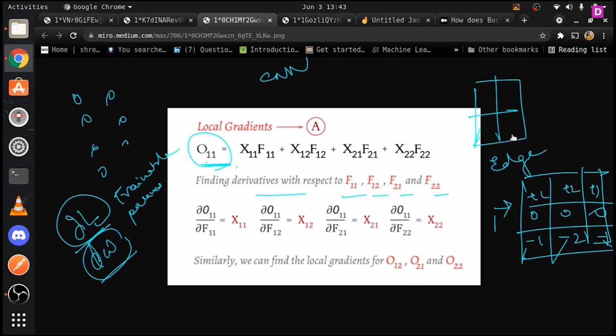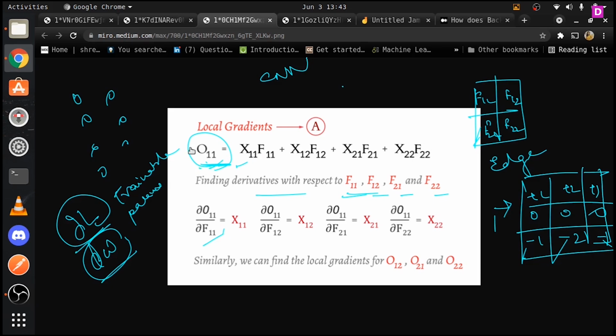Since the value of the filters needs to be updated, we will differentiate the loss with respect to the filter values, right? That is why we will be differentiating with respect to filters and not x or anything else. Okay, so we have O11, and you will be differentiating that with F11.